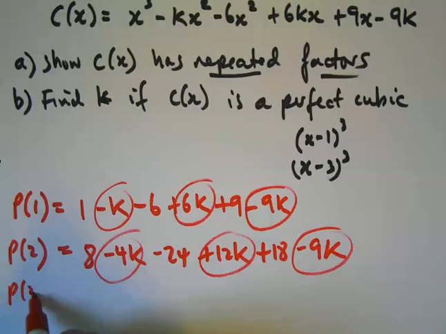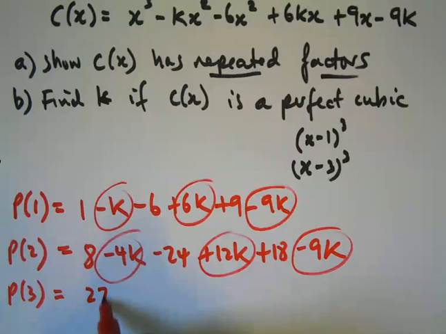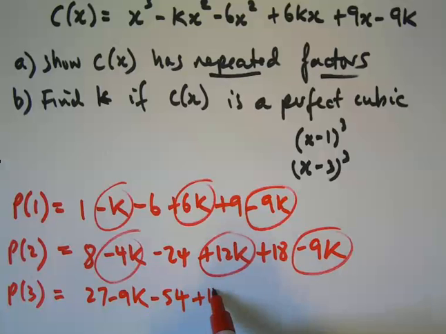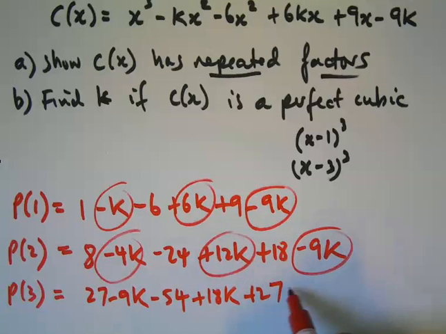P of 3 is going to equal 27 minus 9k minus 54 plus 18k plus 27 minus 9k.